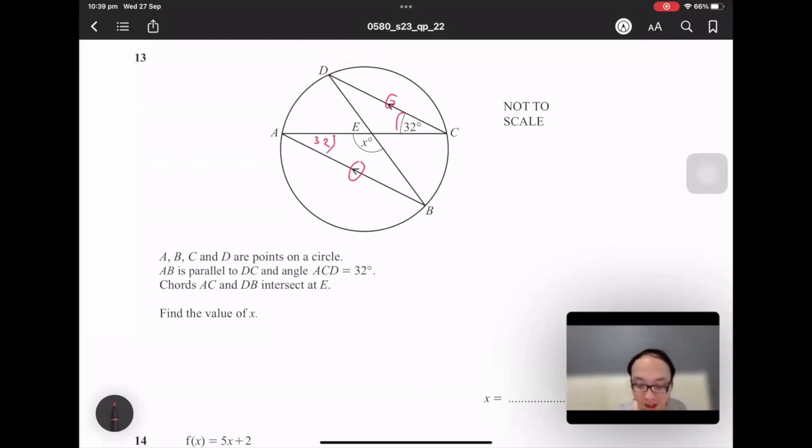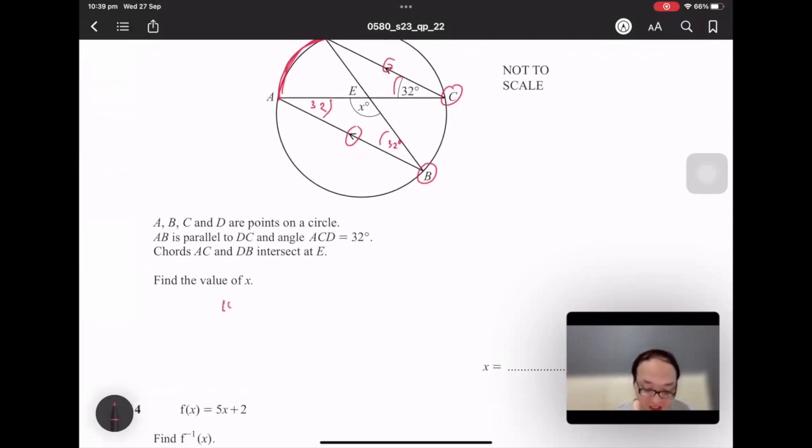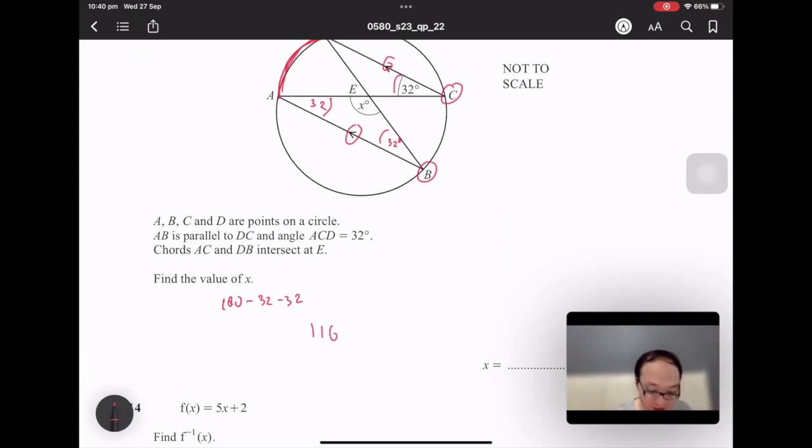And then this is also 32 because of the angle at the circumference, because both angles C and B are facing the same arc AD. So that means this is an isosceles triangle. So X is 180 minus 32 minus 32, which equals 116.